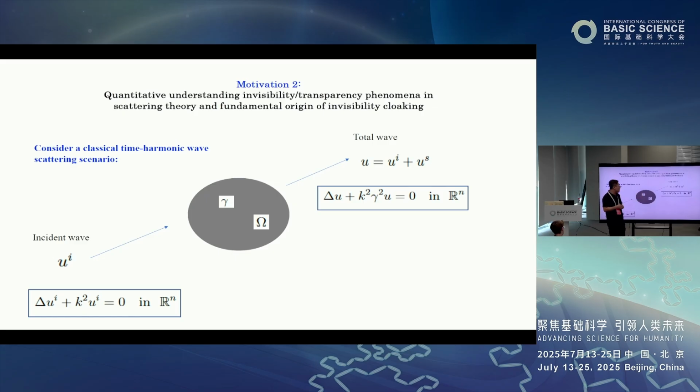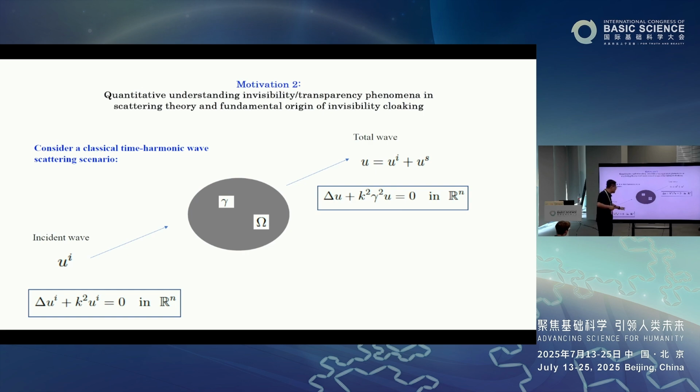Now we consider this linear wave. We have u, the linear superposition of the incident wave and the scattered wave. That's the total wave. The total wave actually satisfies this perturbed Helmholtz system. So we get a zeroth order perturbation here, gamma squared, right? So we've got two PDEs.